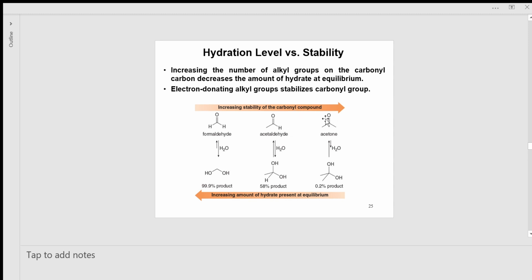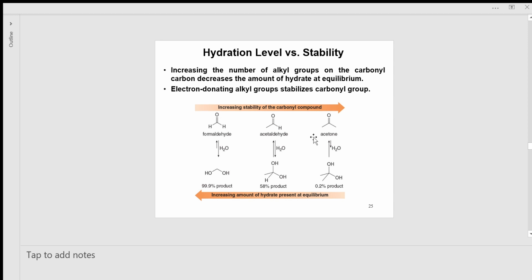So this molecule is more stable, or in other words, less reactive towards water. But this one, because of only two small hydrogen atoms, is less stable but more reactive towards water, because the steric effect is small, with two hydrogens so small.